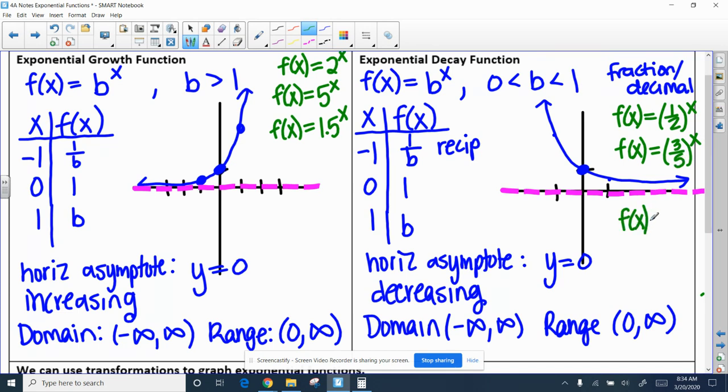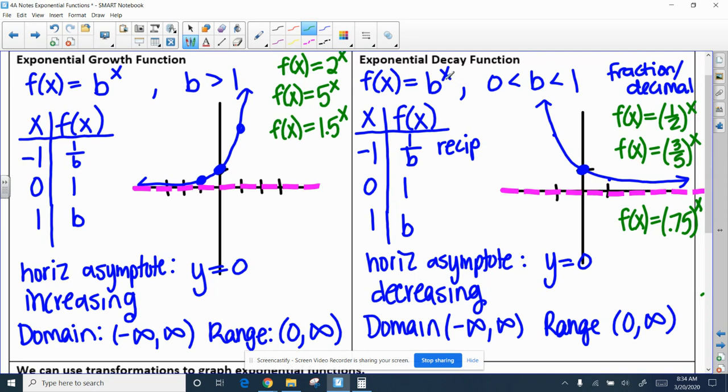Or even something like f of x equals 0.75 to the x power. That one, 0.75, is still a number between 0 and 1. So that's the difference when we're looking at whether we have growth or decay, is what the base is. So whether the base is a number greater than 1 or a number between 0 and 1.